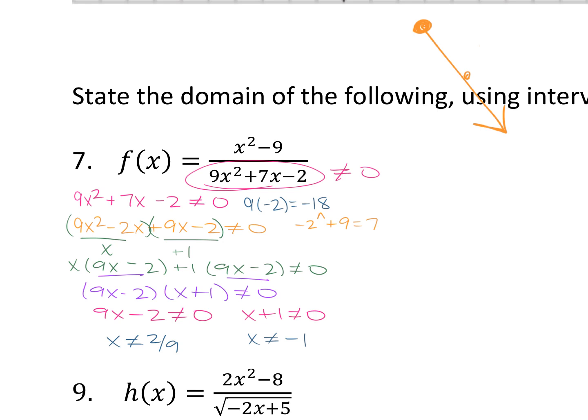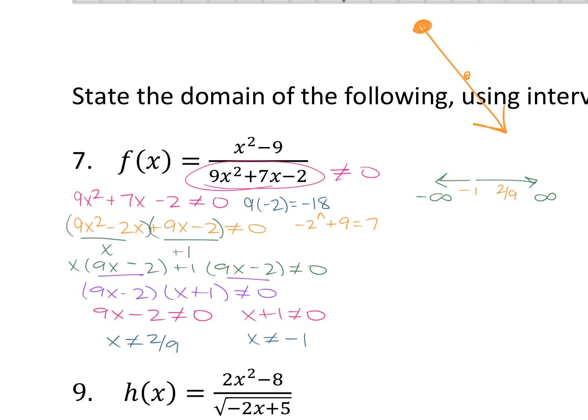This is interval notation, so think about this on a number line. Your -1 is less than the 2/9, so on a number line, if you had from -infinity to positive infinity, you would erase out the -1 and you would erase out the 2/9.